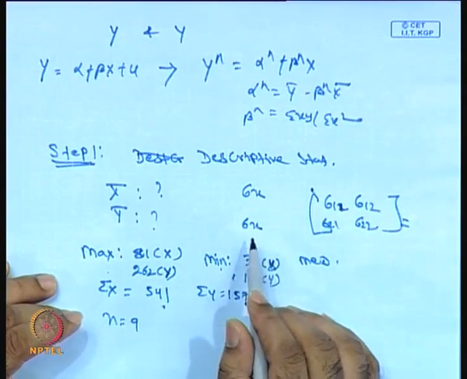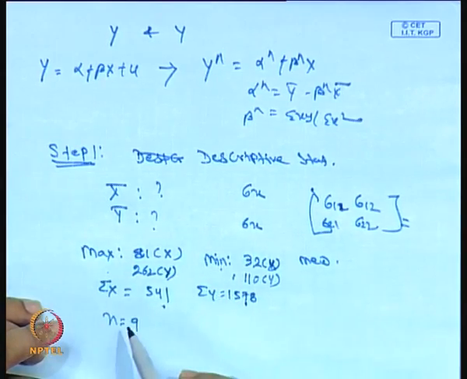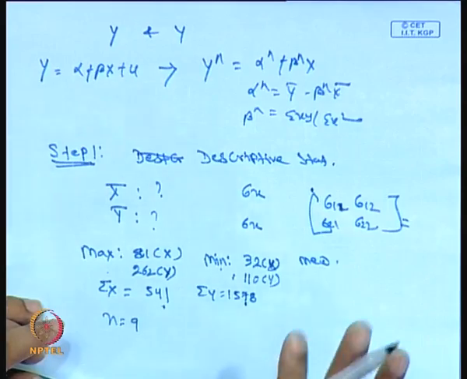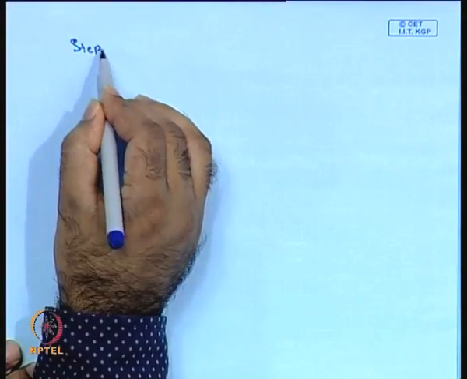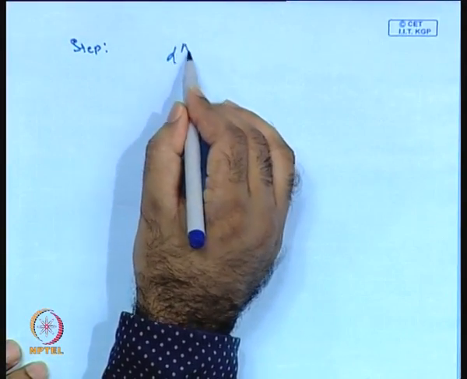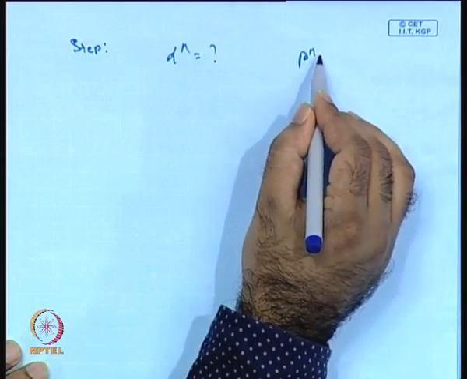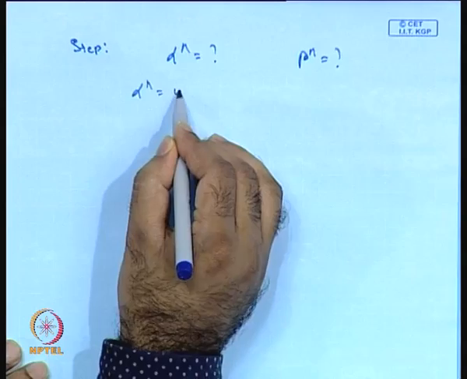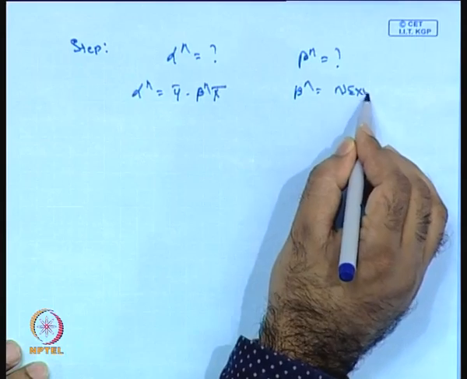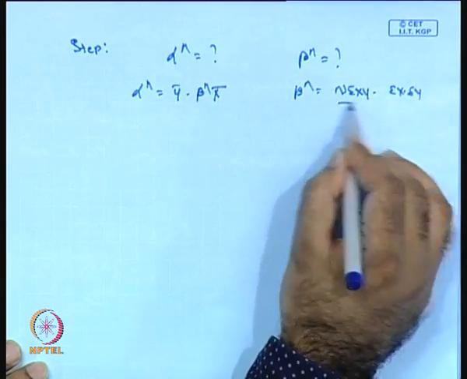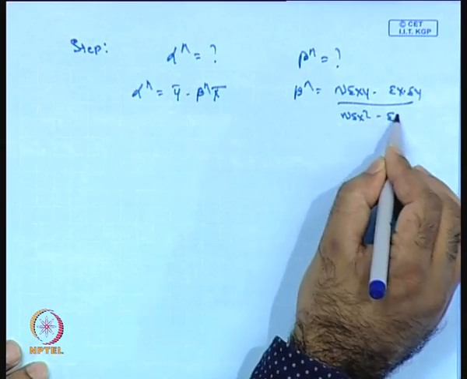Our main agenda is not to describe this entire situation, because it is relevant, but in the meantime we are skipping all these details, because our main agenda is to check the reliability of the model. So in step 2, you have to get the alpha head component and the beta head component. Alpha head equals y bar minus beta head x bar, and beta head equals n summation x y minus summation x into summation y, divided by n summation x square minus sum x whole square.